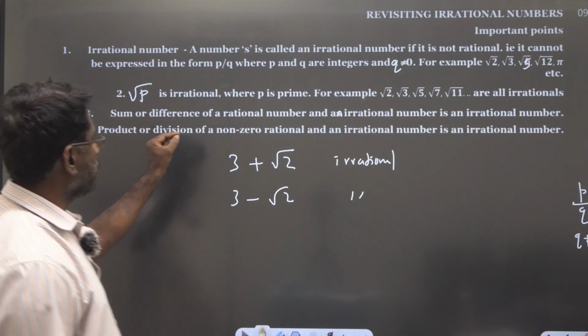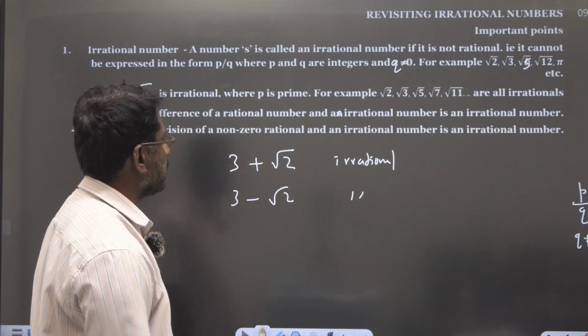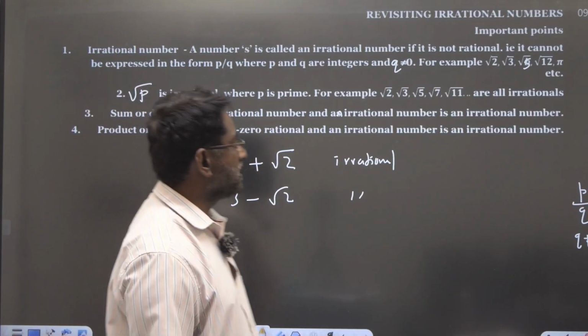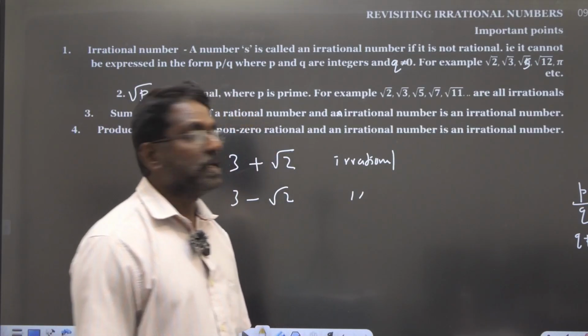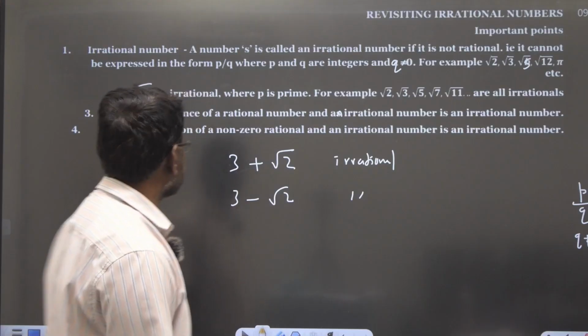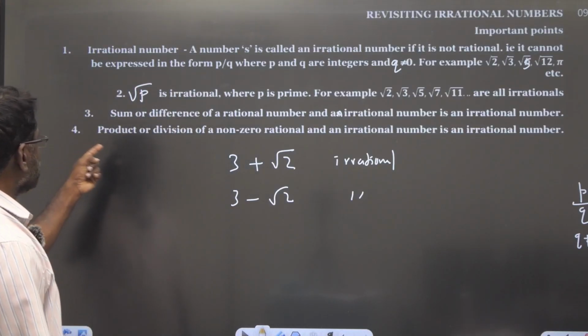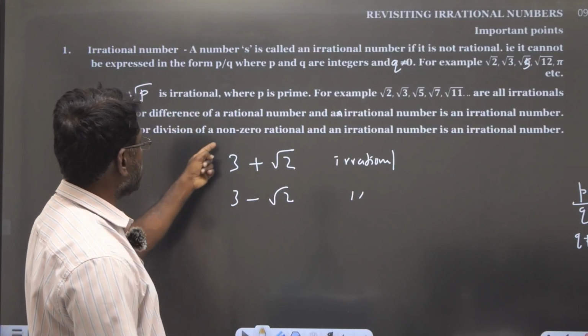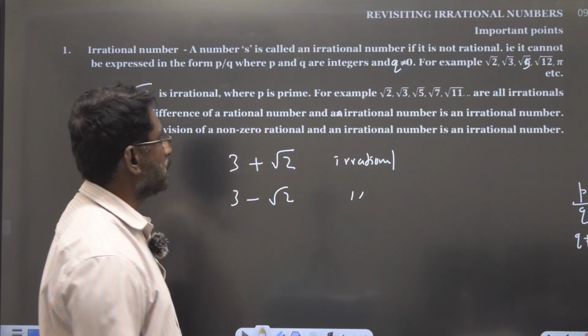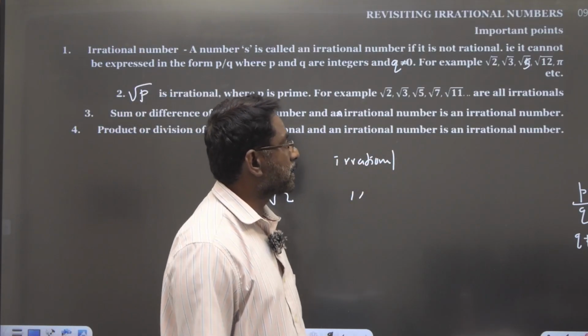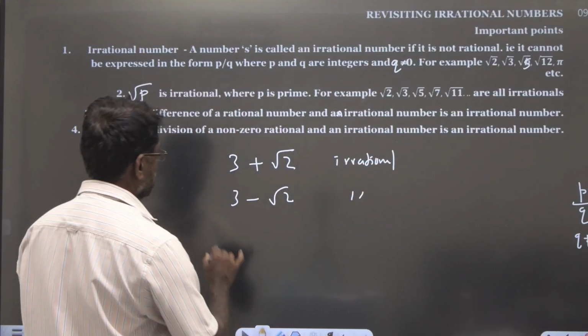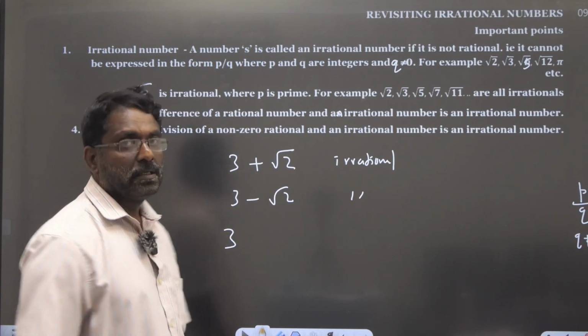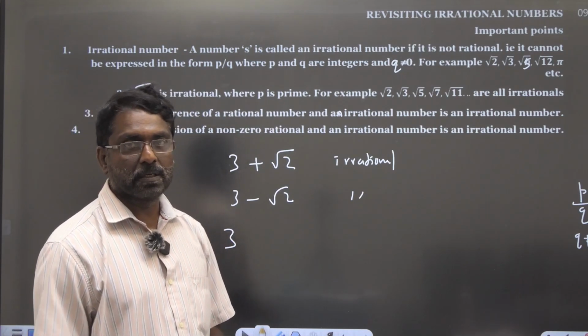Sum or difference of a rational number and an irrational number is an irrational number. Okay, right? Next. Product or division of a non-zero rational and an irrational number is an irrational number. For example, 3 is a non-zero rational number, right?